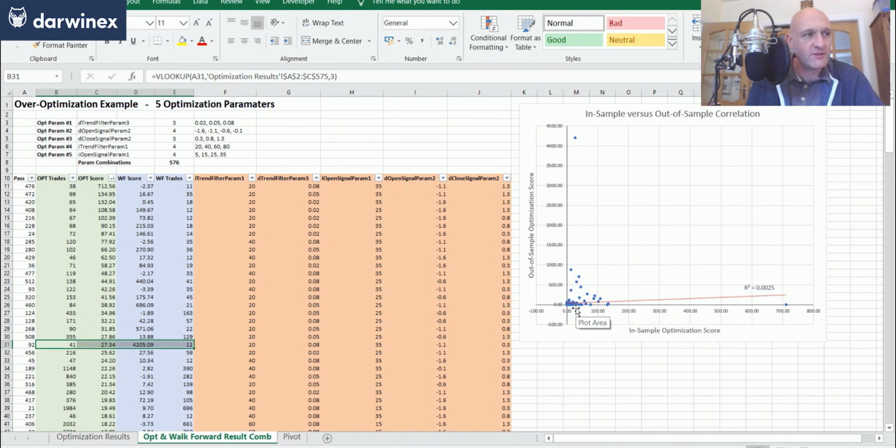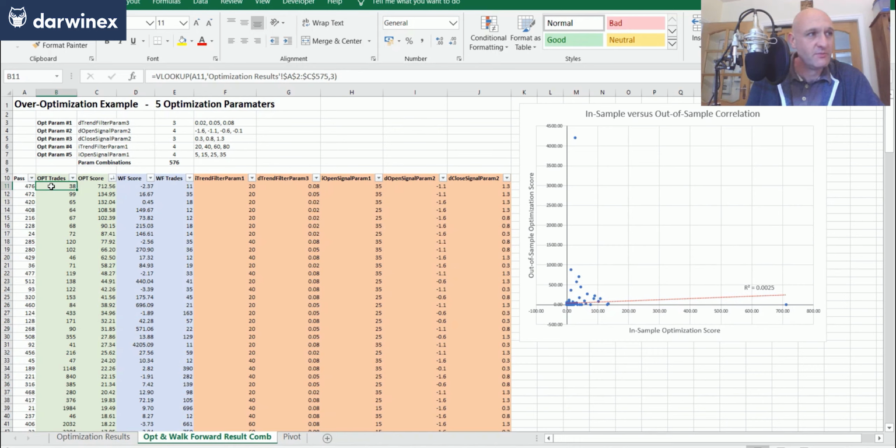But before we do that, it's just worth noting that the sample sizes for both of these is extremely low. We only have 41 trades in sample for this point at the top of the chart and 38 trades for the point that lies to the right hand side of the chart.